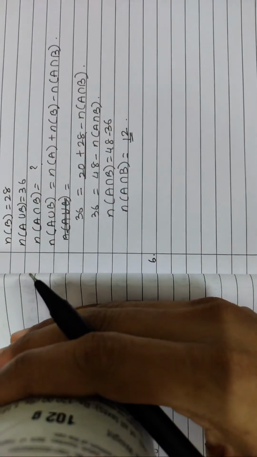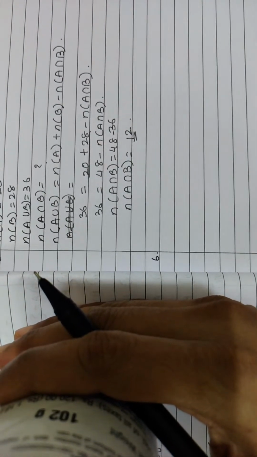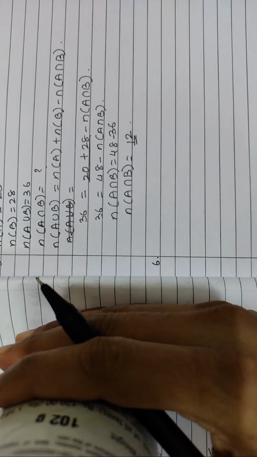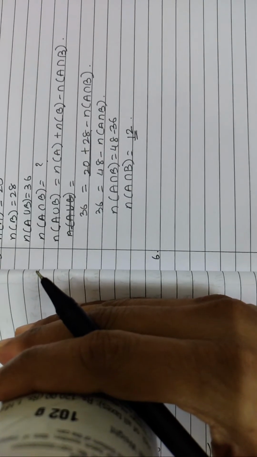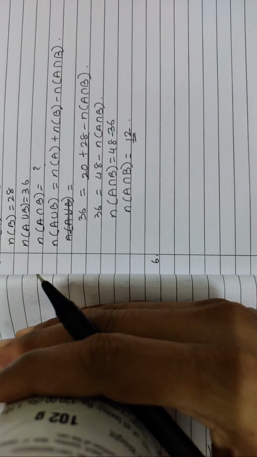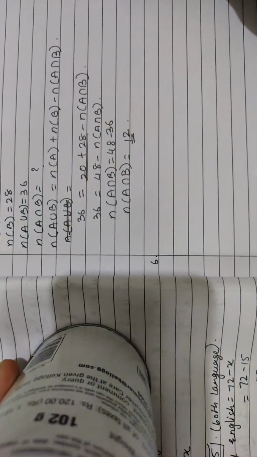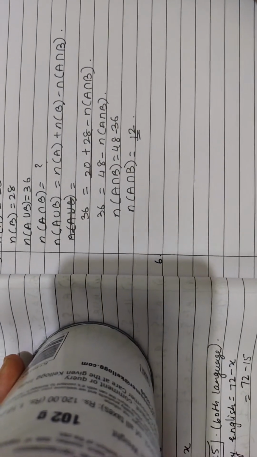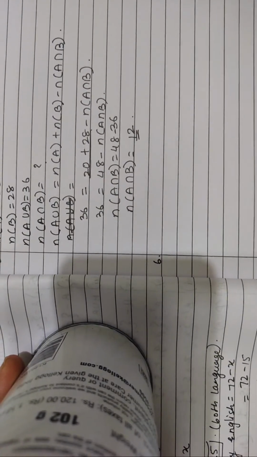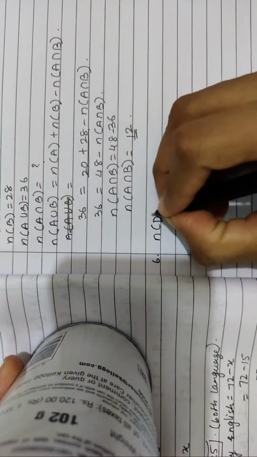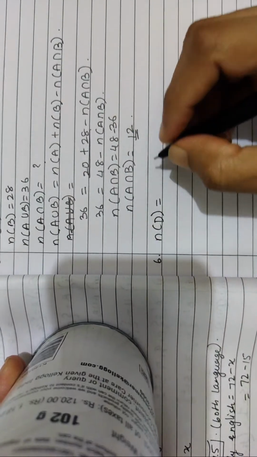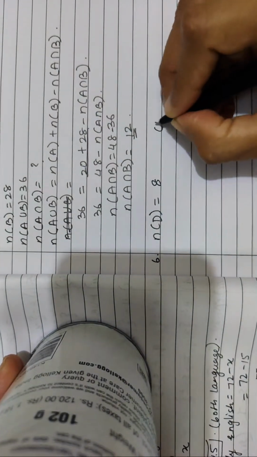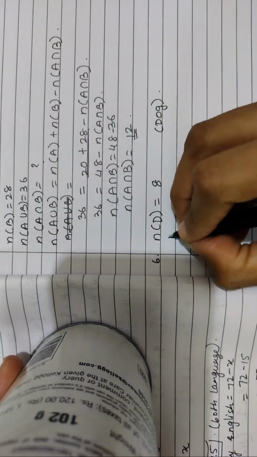Coming up to question number 7. Sorry, 6. Let's read the sum. In a class, 8 students out of 28 have dogs as their pet animal at home. So we are going to represent dog lovers by capital D, and how much is that? They are saying 8. So dog lovers is 8.